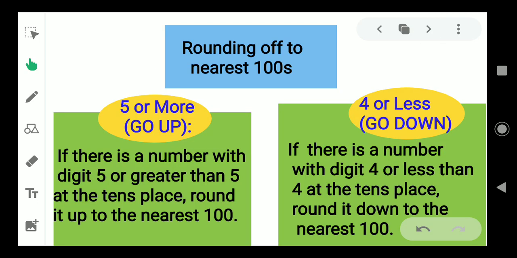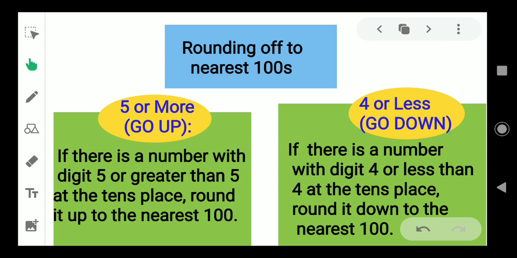In the case of rounding off to nearest 100 also, the same format is followed, but there is a slight difference. There we consider the digit in the ones place, but here we are considering the digit in the tens place. To round off to nearest tens, we consider the number at the ones place.